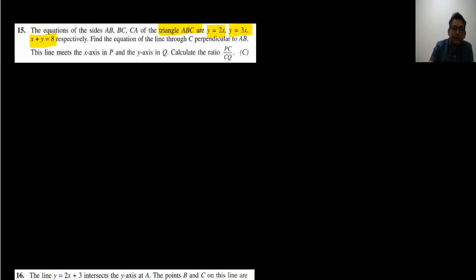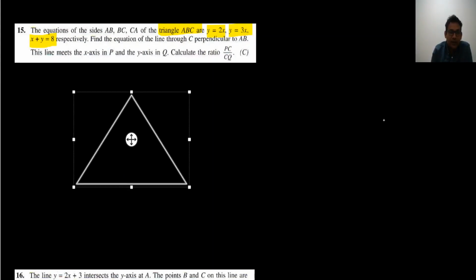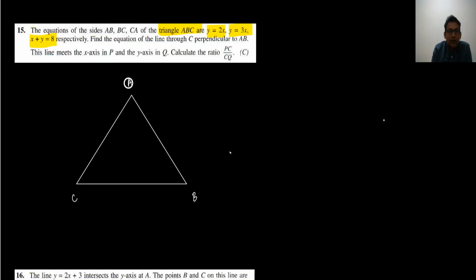We don't need this. This shape is not an exact triangle, it can be changed. This is A, this is B, this is C, and the equation of AB is given here: y equals 2x, and the equation of BC is y equals 3x, and the equation of this part is x plus y equals 8.